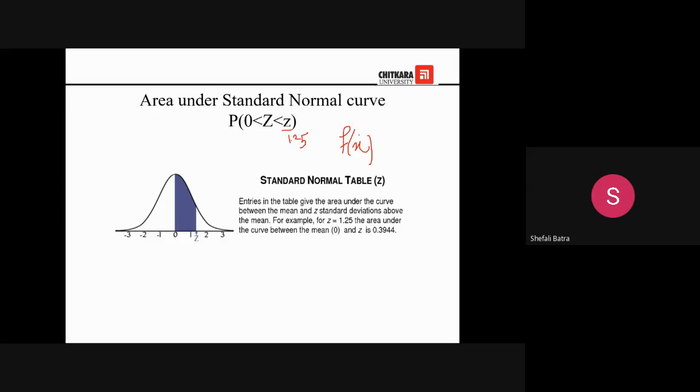This curve is defined by this f(x), and you will be integrating it from 0 to 1.25.